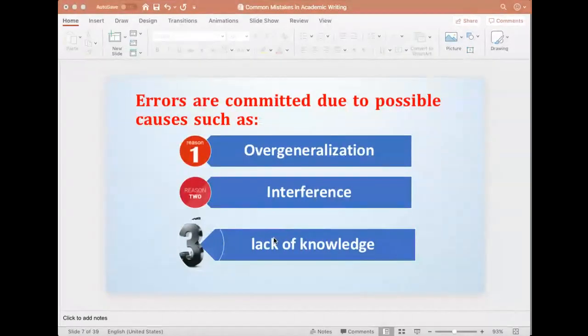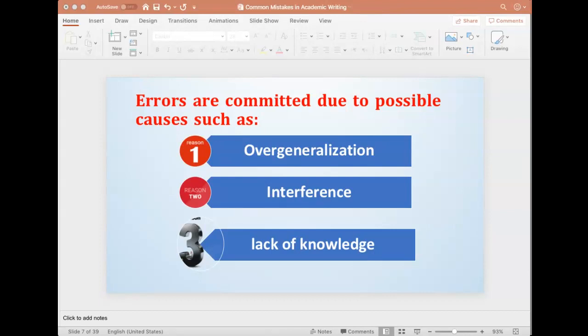So the last thing here is the lack of knowledge. When someone doesn't have knowledge, he starts to find some way to apply knowledge. Especially adult language learners, they start to use different theories, apply different ideas just to fit in these gaps of their knowledge.